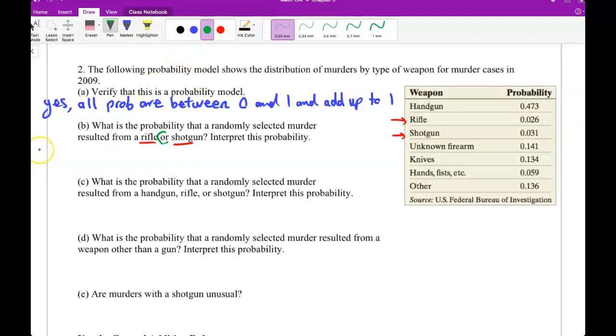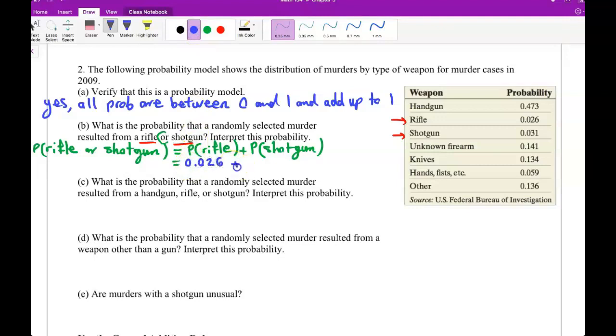Now we have probability of rifle or shotgun, that is equal to, so here for rifle we have 0.026, and for this part 0.031. So add these, the answer is 0.057.